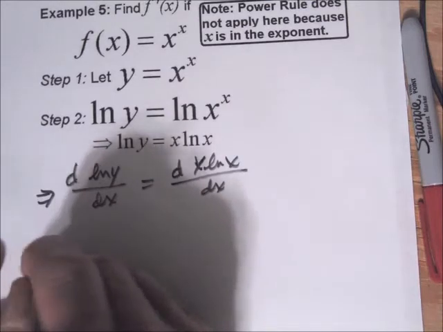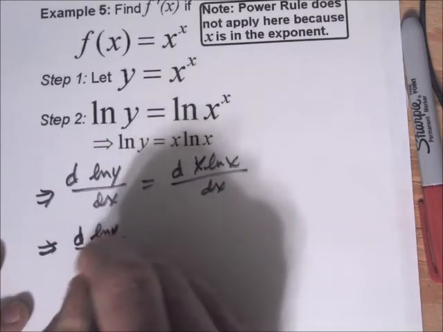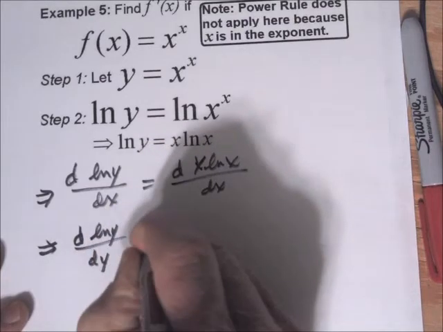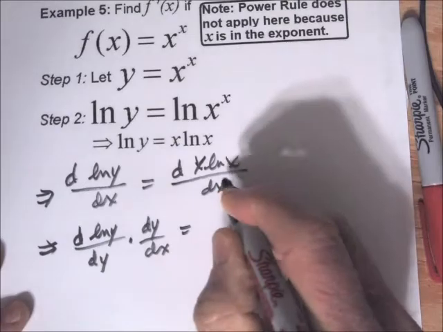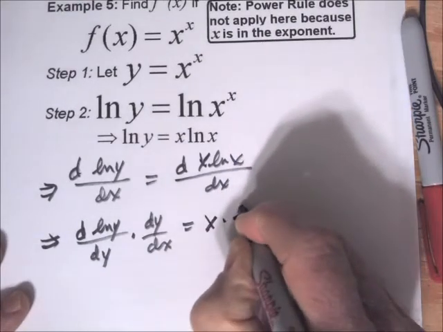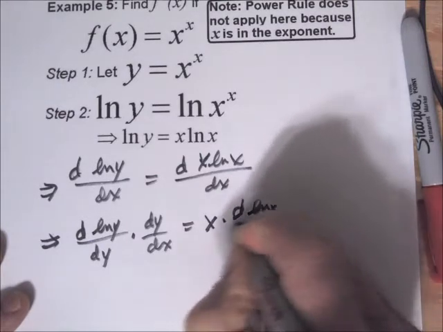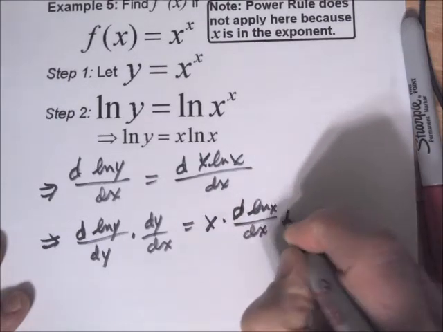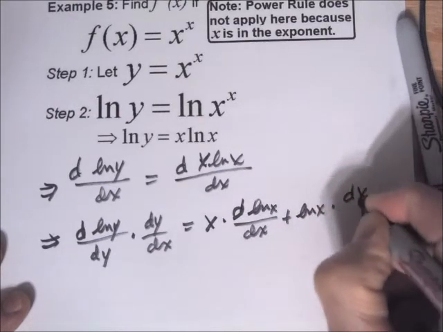On the left, we want to use the chain rule, so this is going to be derivative of ln y with respect to y times dy/dx, equals, and on the right side we'll use the product rule, so this will be x times the derivative of ln x with respect to x plus ln x times derivative of x with respect to x.